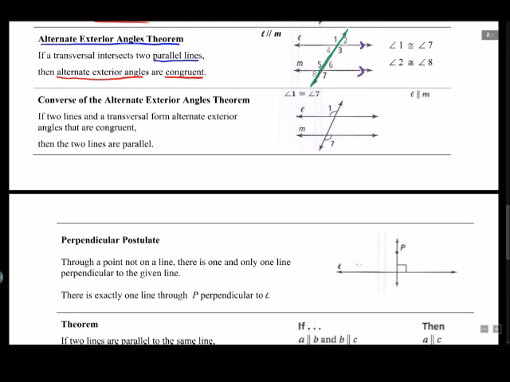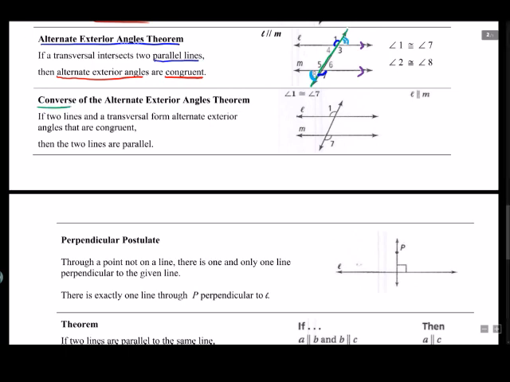So everybody's congruent except for the same side interior angles. So we can say that angle 1 is congruent to angle 7, and angle 2 is congruent to angle 8. 2 and 8 would be congruent.